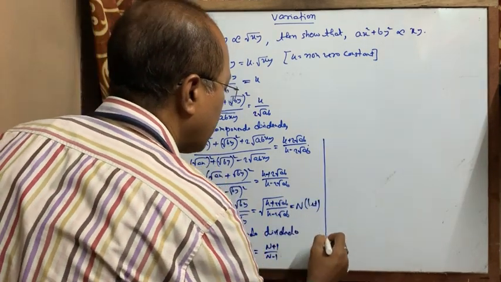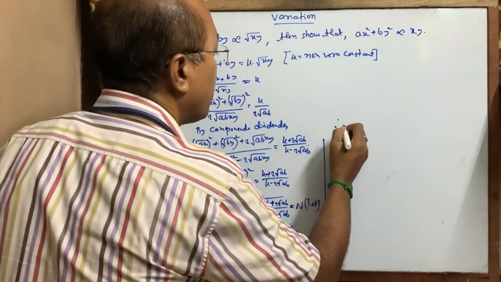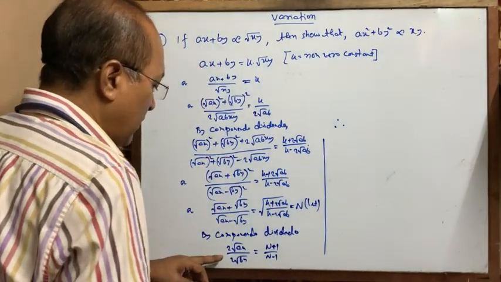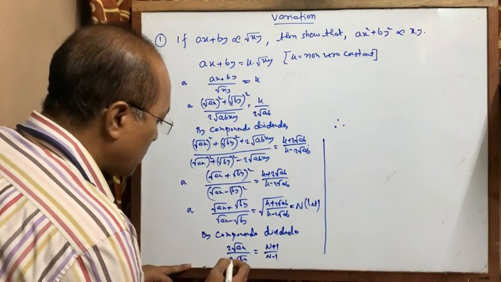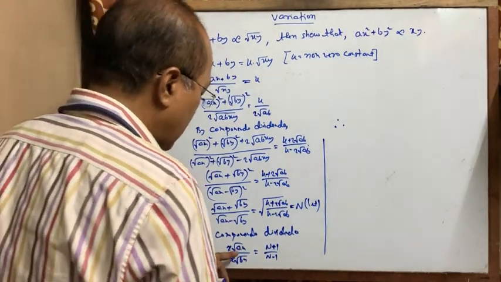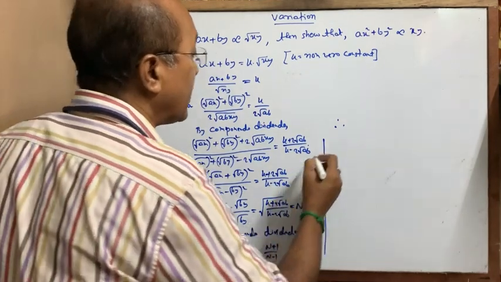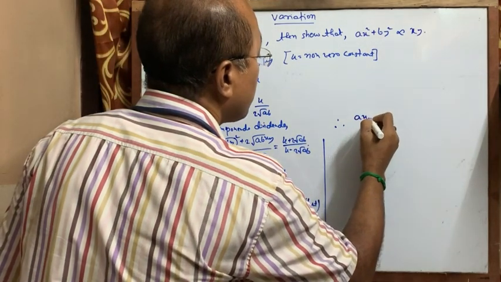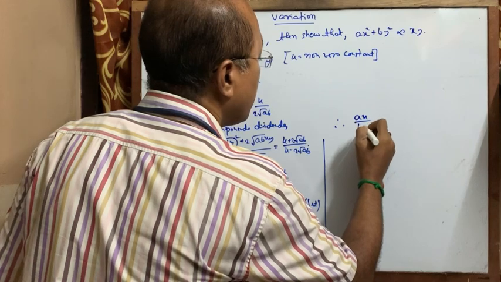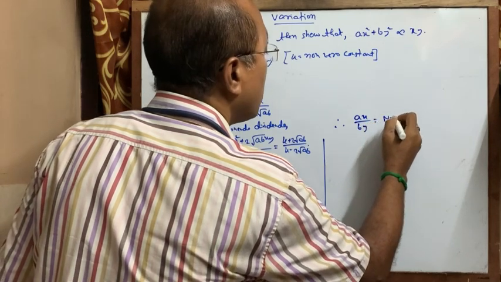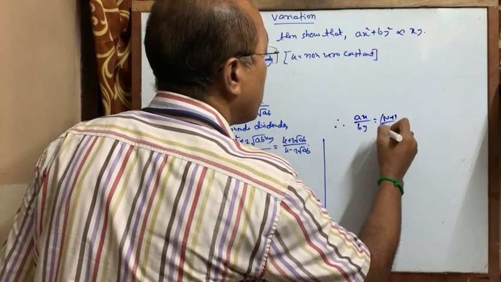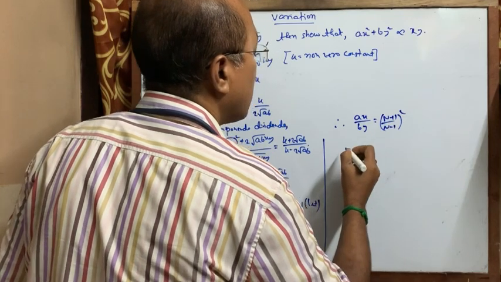Now from here, the 2 gets cancelled, and after squaring both sides we can get ax by by is equal to (n plus 1) over (n minus 1) whole square.